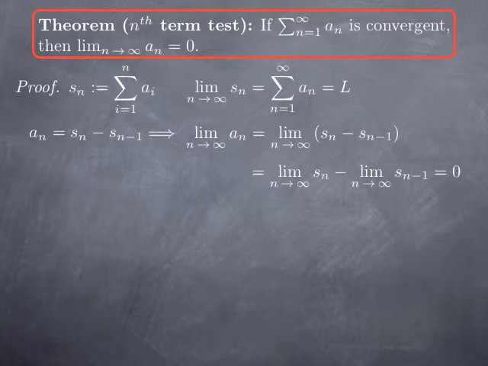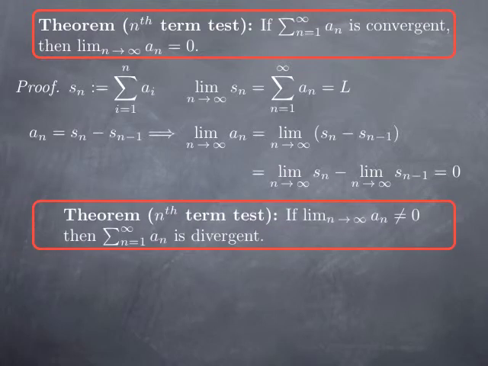So we've proved that if we have a convergent series, the sequence of terms necessarily converges to 0. One way to rephrase this is that if the limit of the sequence of terms is not 0, then the series is divergent, for otherwise it would be convergent and therefore the sequence of terms would have limit 0.